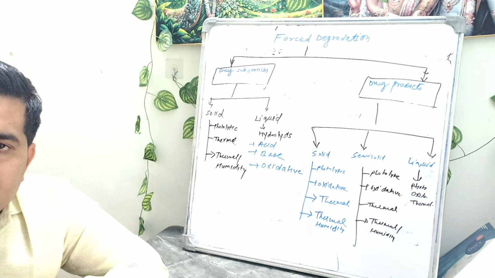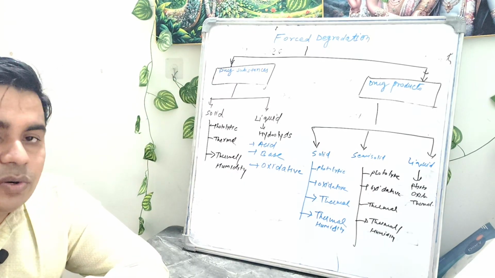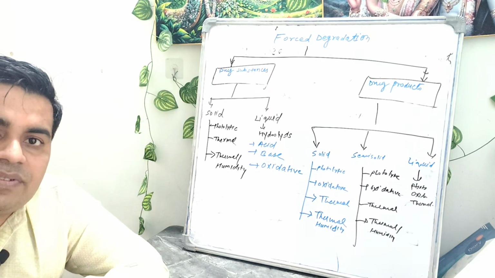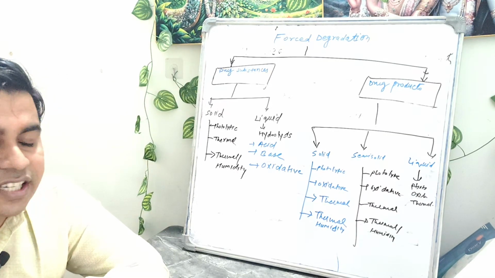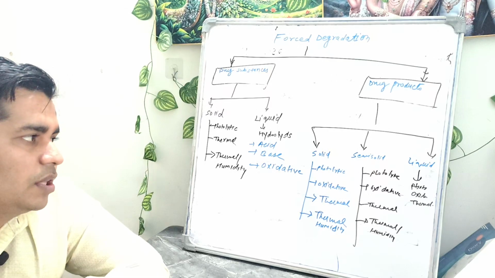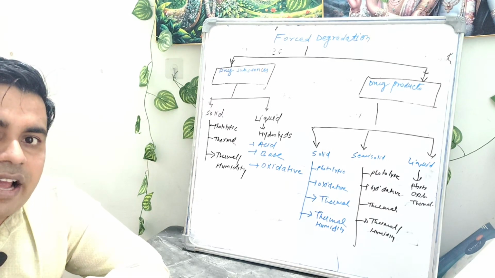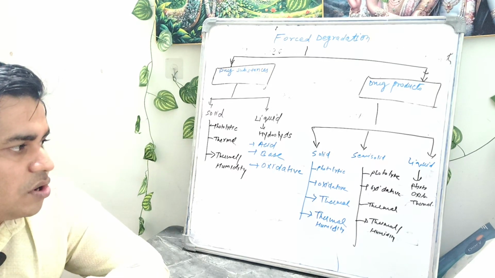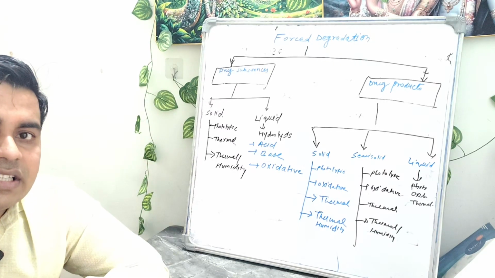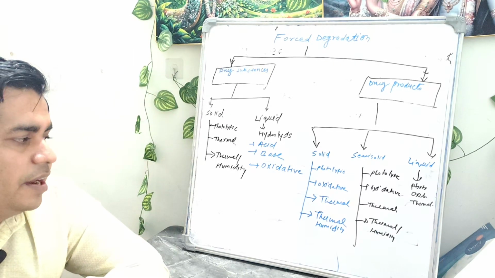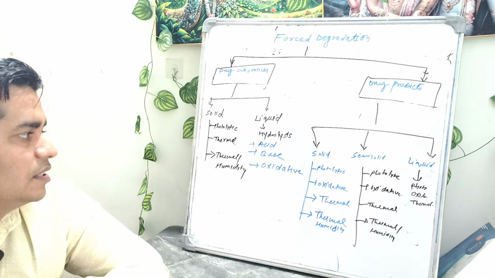Both studies can be done in photolytic at shorter wavelength 265 and higher wavelength 365. Both wavelengths we study in photolytic degradation to achieve degradation due to UV light. So that is all about photolytic degradation, oxidative degradation, thermal degradation, humidity degradation, and acid and base degradation.